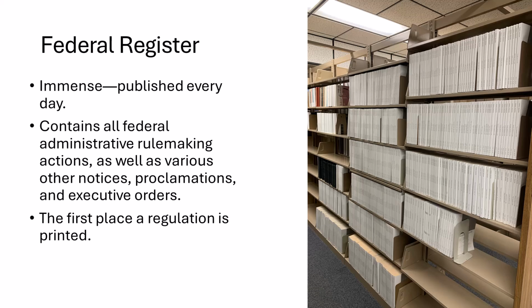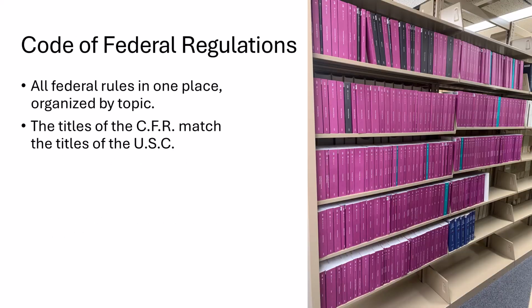After the Federal Register, just like a statute gets codified into the United States Code, a regulation will get codified into the Code of Federal Regulations, the CFR. These are updated in print every year, and anytime a federal agency makes a new regulation, it tends to state which regulation it is amending or where it may go in the regulatory code.